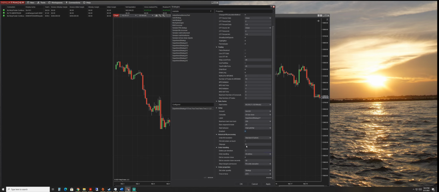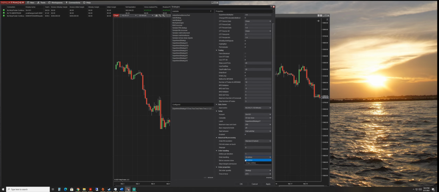So if you are a trader who holds overnight, whether it's one position of the NQ or one position of the MNQ, which is the micro NQ, then you'll have that turned off, and it will keep holding that trade for you and not take you out at the end of the day. So it's very important to determine whether you're going to have the exit on session on or off. Here we're just going to have it turned on.